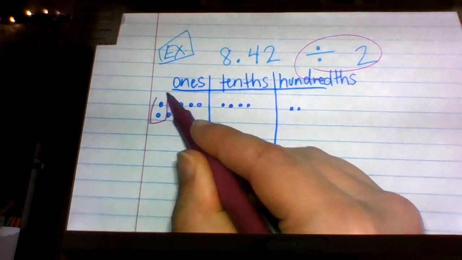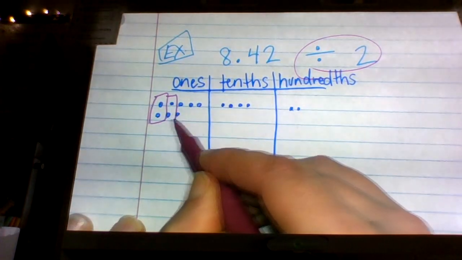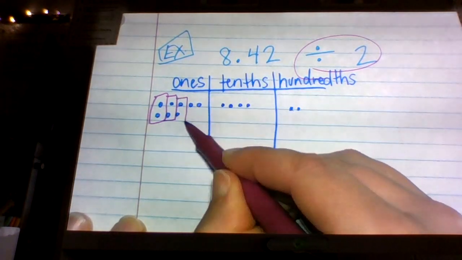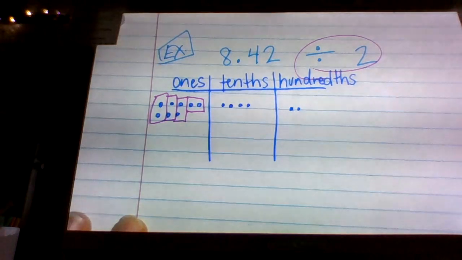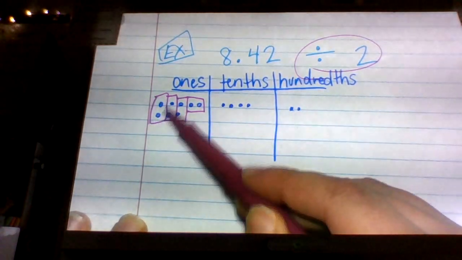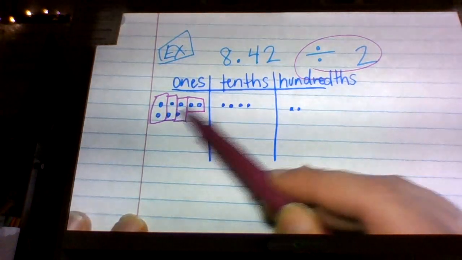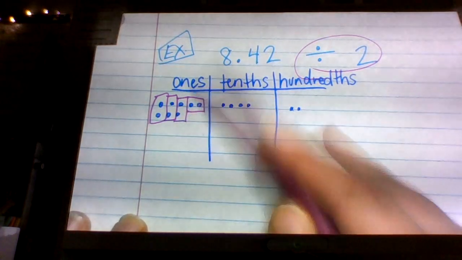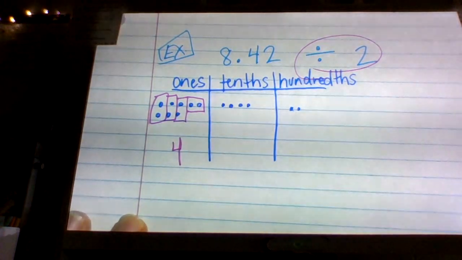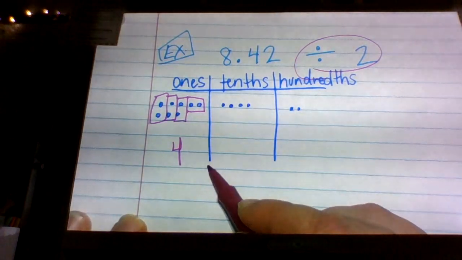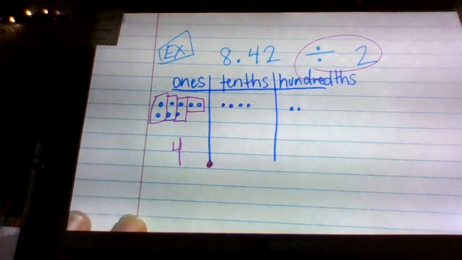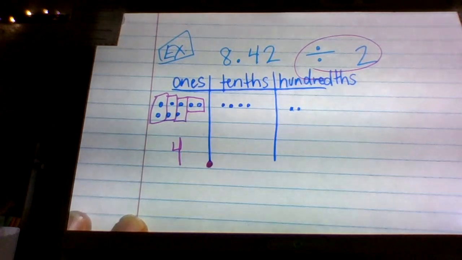Here's 1, 2, 1, 2, 1, 2, 1, 2. I made 1 group of 2, 2 groups of 2, 3 groups of 2, 4 groups of 2 out of 8 ones. There are no ones left over, so I'll move now to the tenths place.